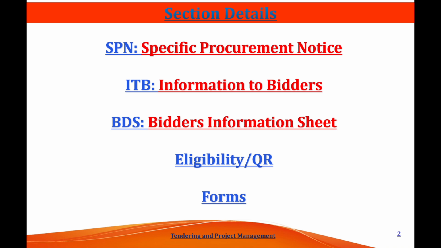In case a bidder is not getting qualified, then they may not bid, or they may try to find a joint venture partner, or they will sign an MOU with some other company and try to fulfill the requirements. So that is very simple.